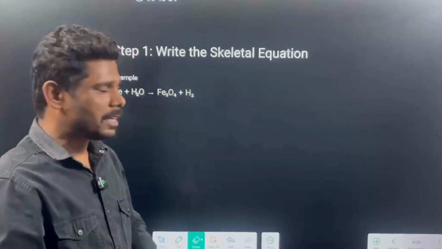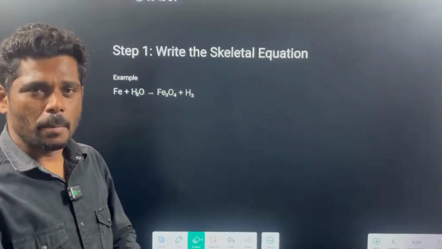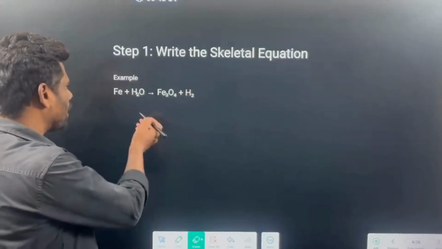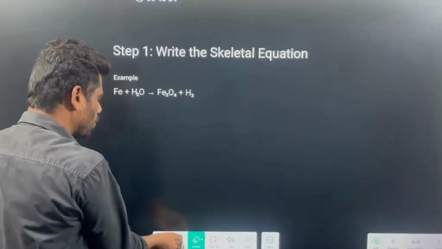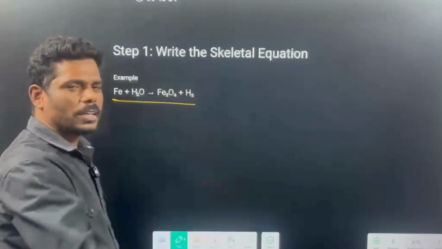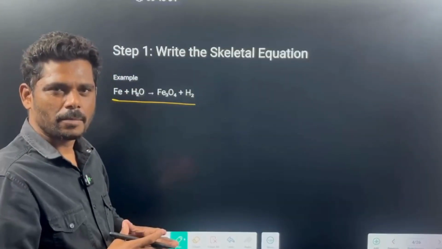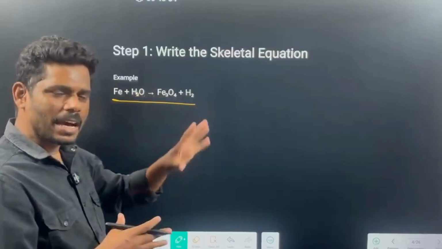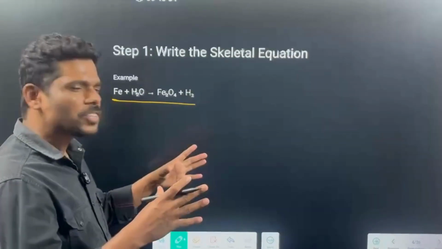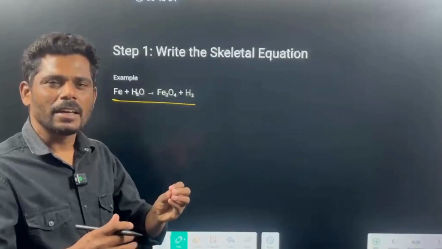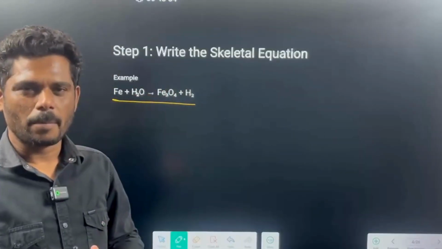Step number 1, by taking an example where iron is reacting with water to form iron oxide and evolving hydrogen gas. Let's take this equation as our example and balance it in this algebraic method on fingertips.